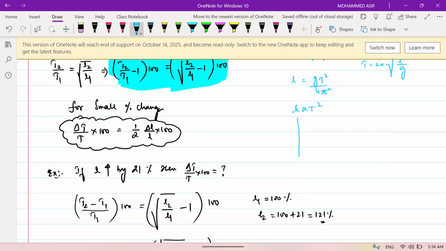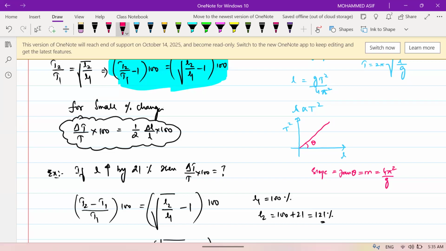So what will be the graph if I take it here? On this axis I'm taking T square, and on the x-axis I'm taking the length L. So what will be the graph? It will be a straight line, making an angle theta. And what will be the slope? The slope will be equal to tan theta, which is nothing but m. m will be equal to 4 pi square divided by g.